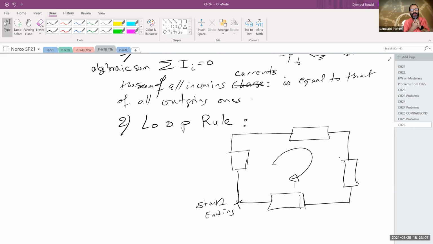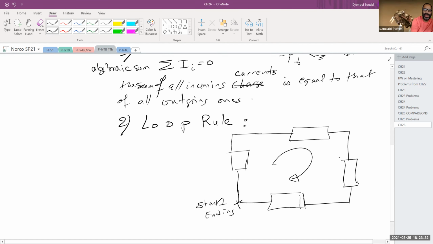And if you follow the current, you should be fine. So it could be clockwise, could be counterclockwise, but you have to stick to that one. You don't change it in the middle. You don't say, oops, the current has changed direction, therefore I was going clockwise, now I'm going to go counterclockwise. No way. If you want this direction, you have to come back to the same starting point in that same direction.